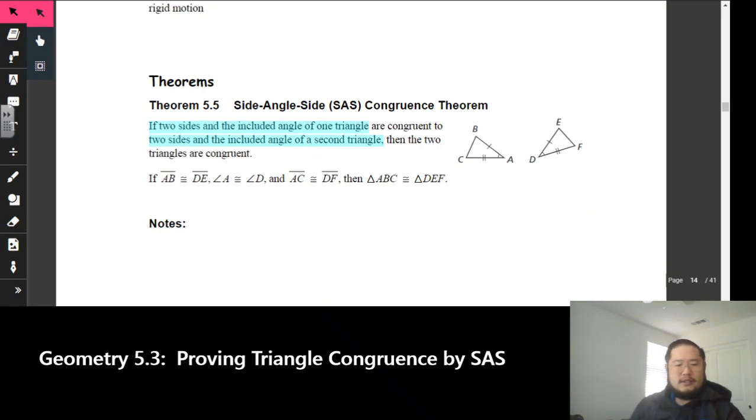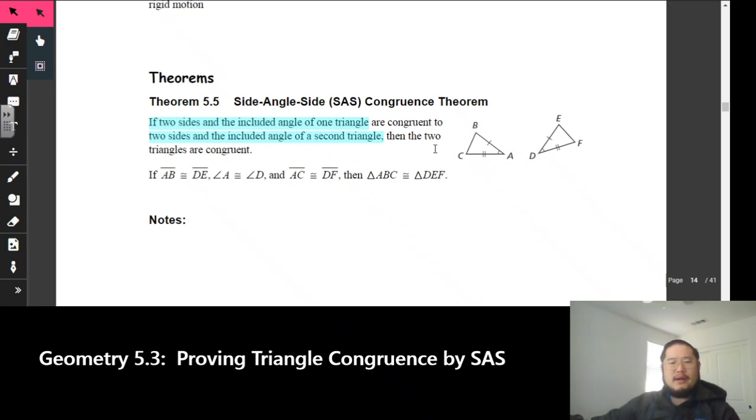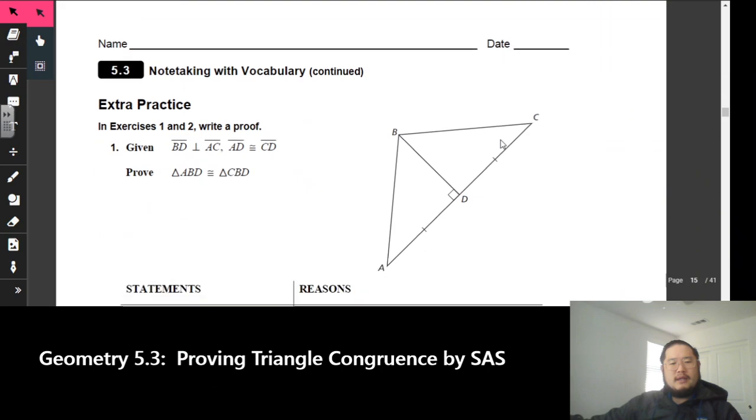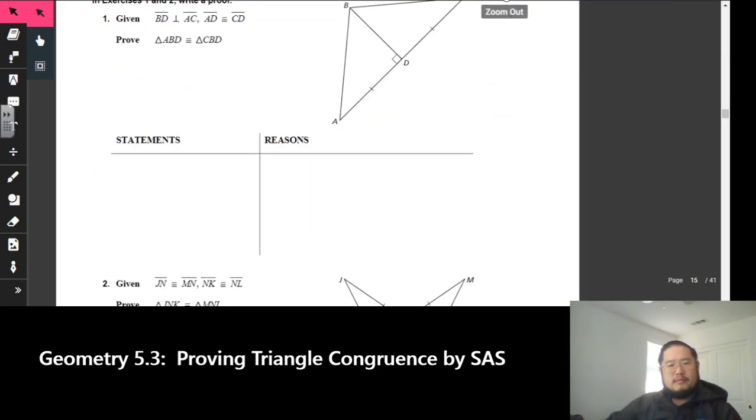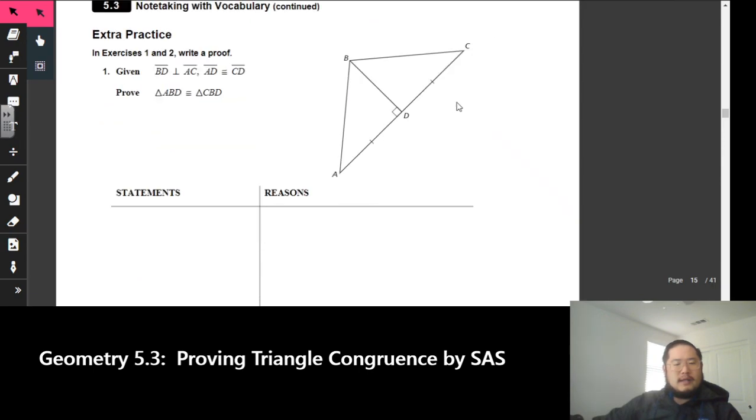So let's show you how we're going to do that. Let's take a look at number 1. I have two triangles here, well, actually three if you look at it: the two small ones on the inside and the whole thing as the third. What can we start off with?